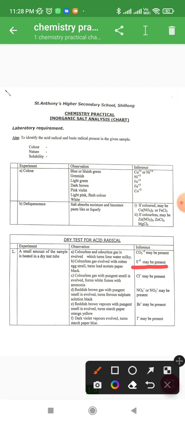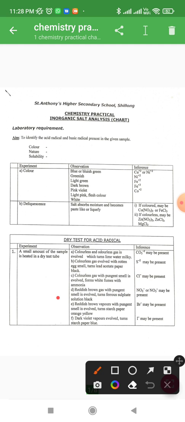One thing you have to remember, all acid radical test, all dry test, the inferences should be written with maybe. Now you see, I am taking the salt to be calcium chloride. So chloride is supposed to be present. So here what we'll write? A colorless gas with pungent smell is evolved which forms white fume with ammonia. So here you have to write chloride may be present.